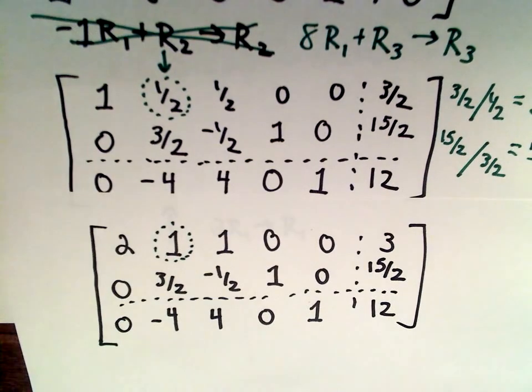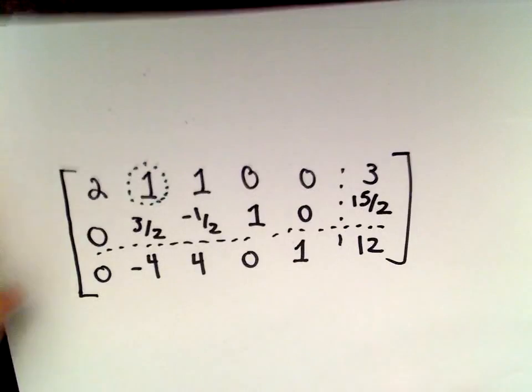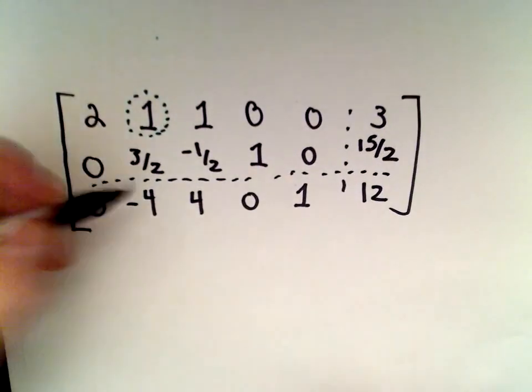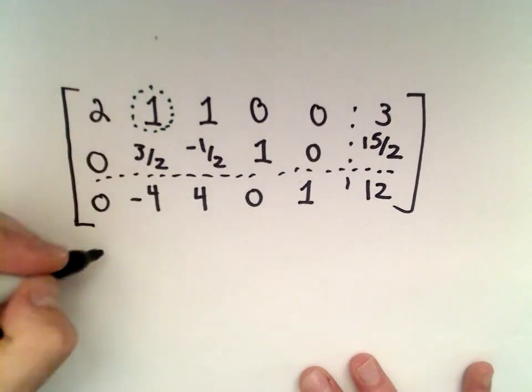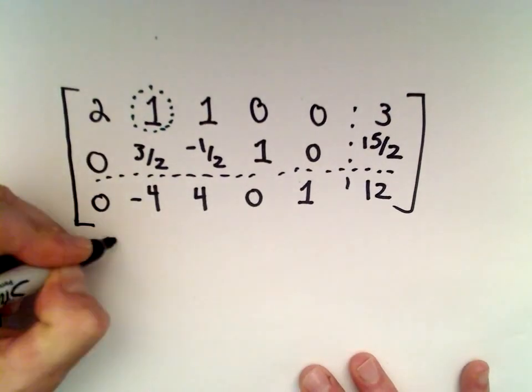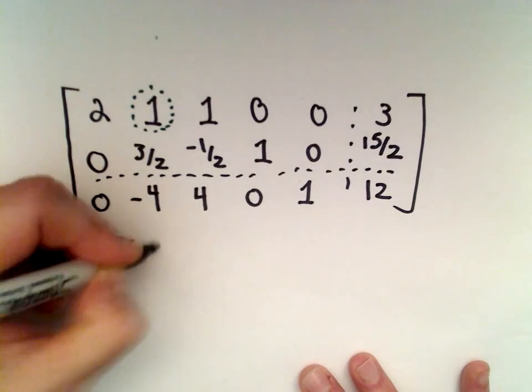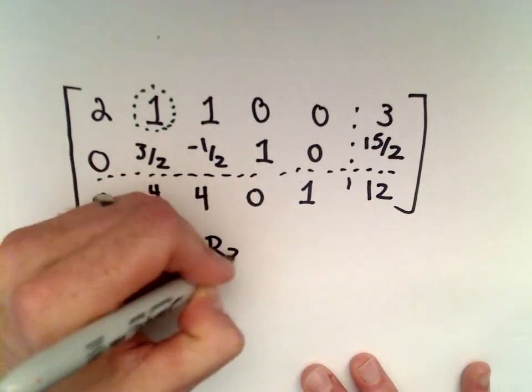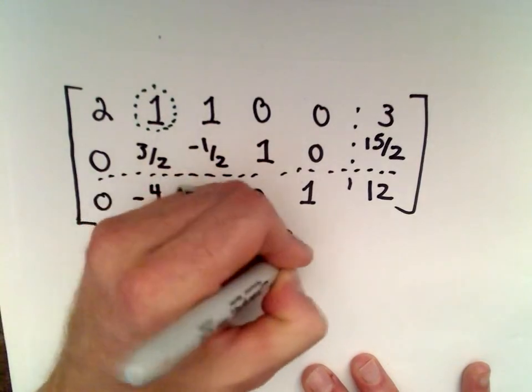So there's our pivot element. And now again, I'm just going to get zeros beneath that pivot element, everywhere else in that column. So I guess I could take -3/2 times row 1 and add that to row 2 to get my new row 2.